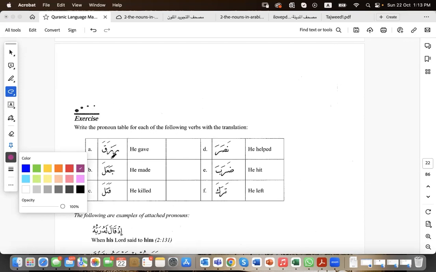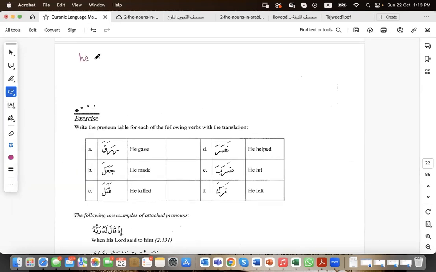So رزق, he gave. If I'm trying to say he gave us, okay, us is first person plural. So na, simply na. So I would say razaqana.